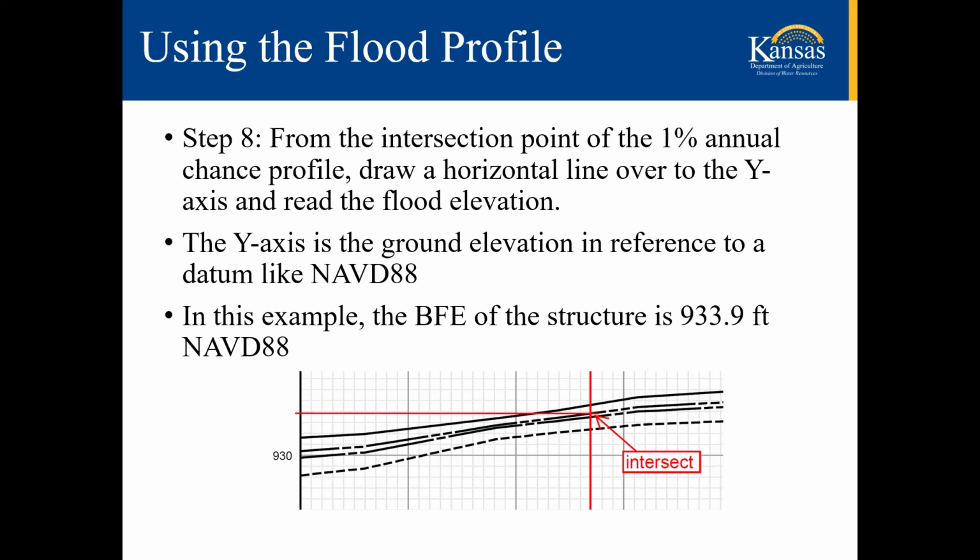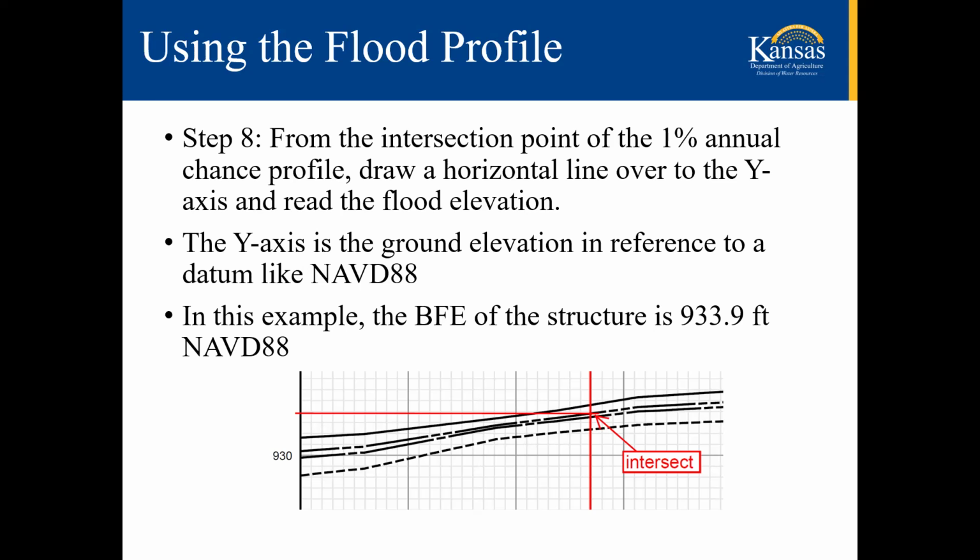Then you just read the flood elevation. The y-axis is the ground elevation in reference to a datum, which is likely to be NAVD 88. The older ones may be NGVD 29, but we don't use that anymore for the newer maps.